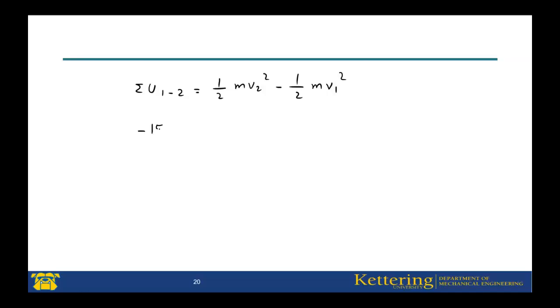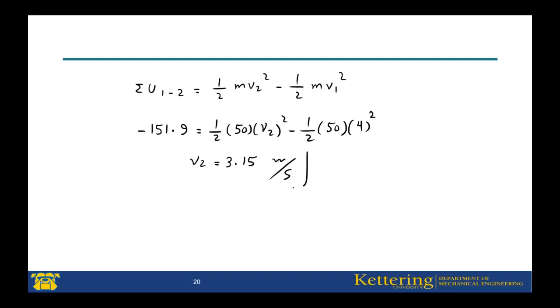This one is 151.9 equal to 1 over 2 mass 50, we are looking to find the velocity, minus 1 over 2, 50, the initial velocity is 4, squared. Now, we calculate the velocity. Velocity will be 3.15 meters per second. And this is the answer.